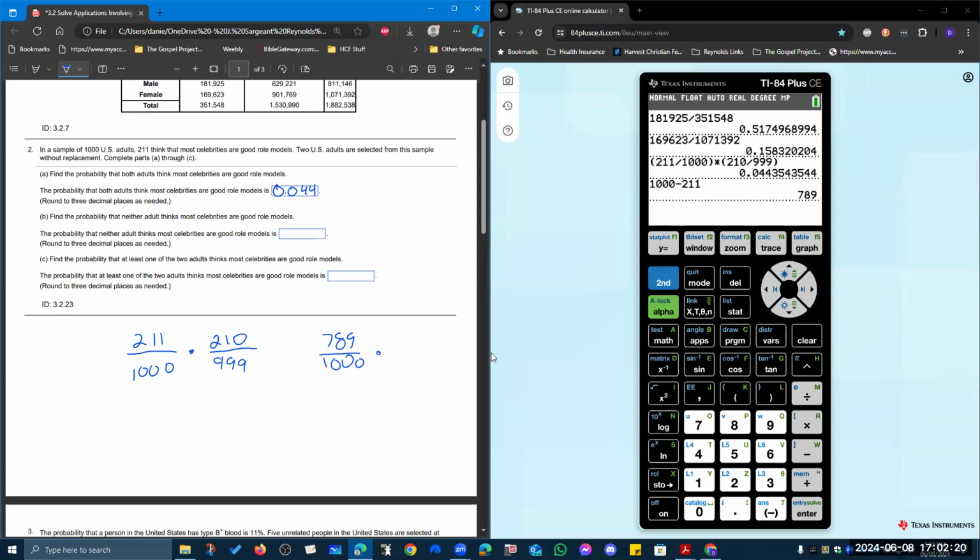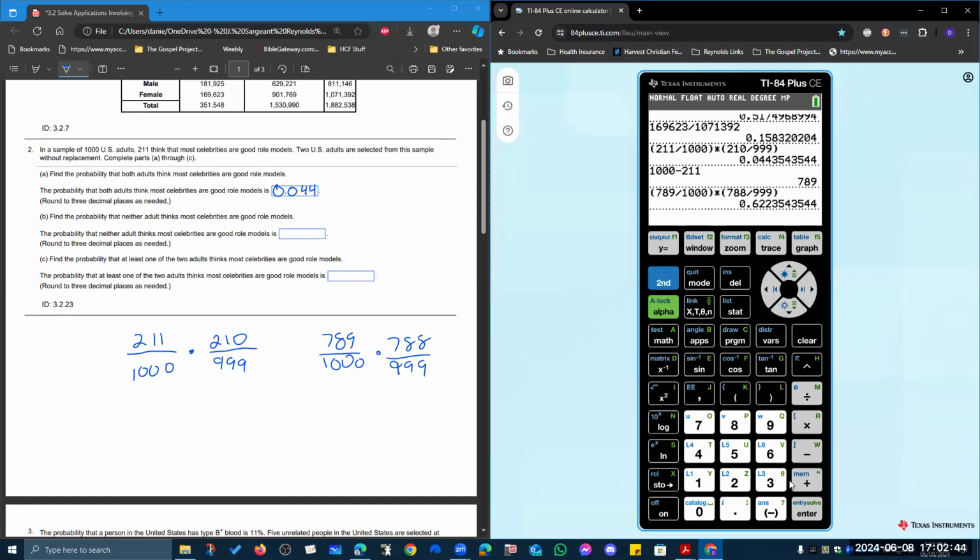And then the second person is going to be 788 over 999. So we have 789 over 1,000 times 788 over 999. That's going to be 0.622.